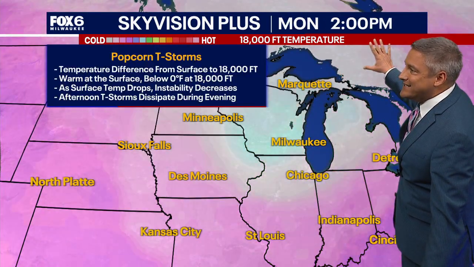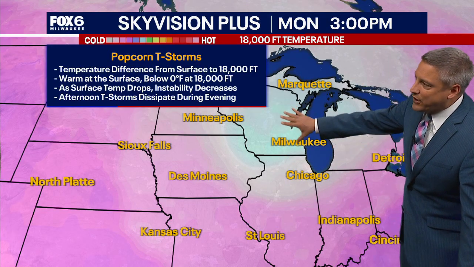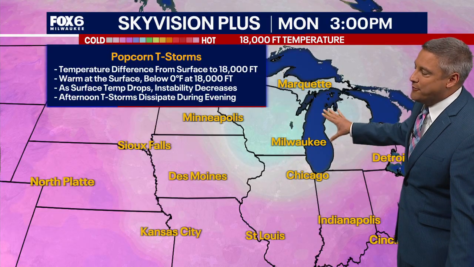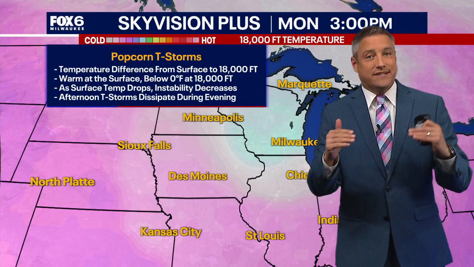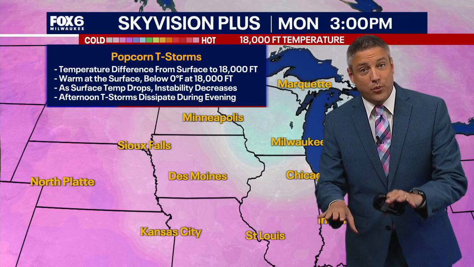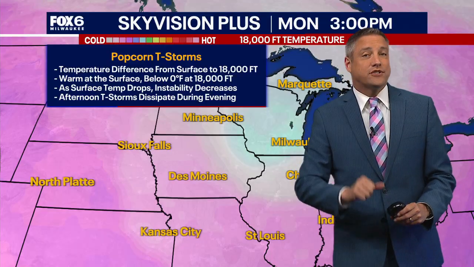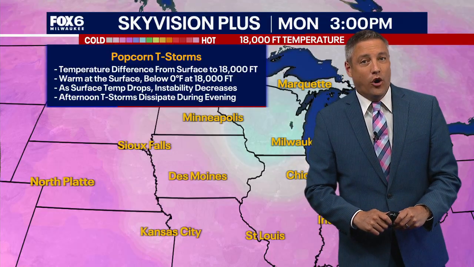As we look at 18,000 feet, look at this really cold air coming right over Wisconsin above our heads. Well, oftentimes we will see a big temperature difference between what we feel at the Earth's surface and what's going on at 18,000 feet over our heads.